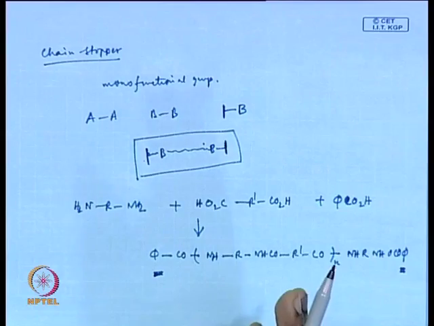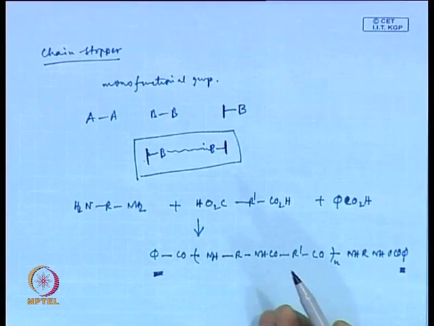But in the first case, if you stop the reaction in between at some conversion level, then after you go through the compounding and processing step, the final article, the final application, the molecular weight will vary from your target molecular weight. That means the properties also will vary.